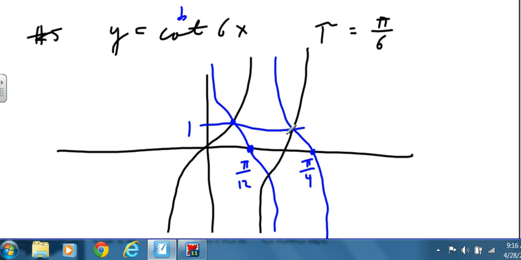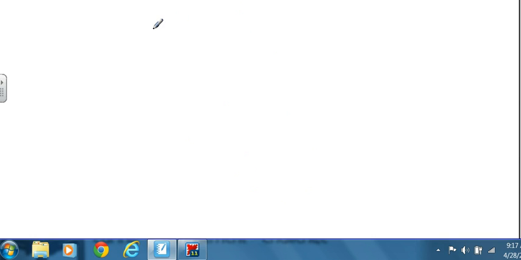Because they're both at 45 degrees, whatever the 45 degree spot is, that'd be 1. So this guy here would be pi over 24. And pi over 24 times 6 is pi over 4. Pi over 4 is 45 degrees. Cotangent of 45 degrees would be 1. And I'd be sitting there. Okay. Is that weird enough? Yeah, all right, weird enough. Back to number 10.